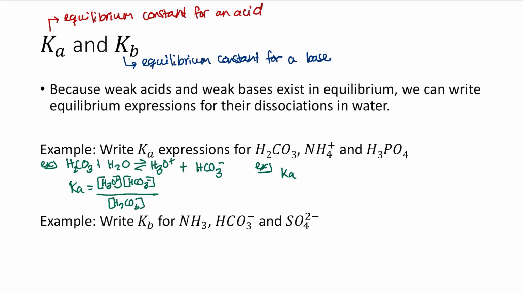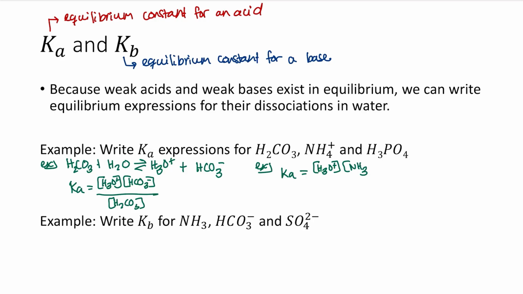And that's because it's always going to be products over reactants. I know my products for the dissociation of an acid are always going to be hydronium ion and the conjugate base. For ammonium, we're going to have hydronium ion, and the conjugate base is going to be one proton less than NH4 plus. I'm going to have NH3.